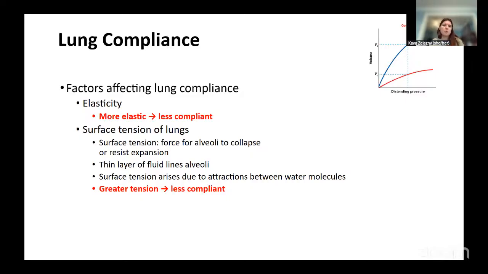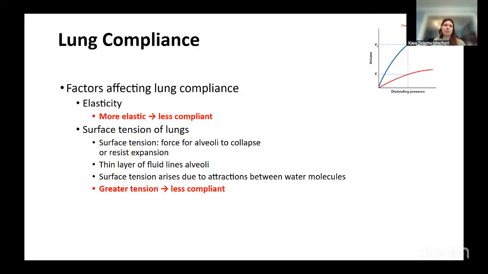So we've got this thin layer of fluid in the alveoli, some of which is going to be water, that is going to be a force for the alveoli to kind of collapse and pull inward. But this is where we also see the importance of surfactant.